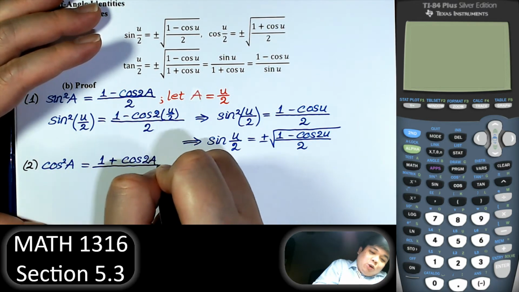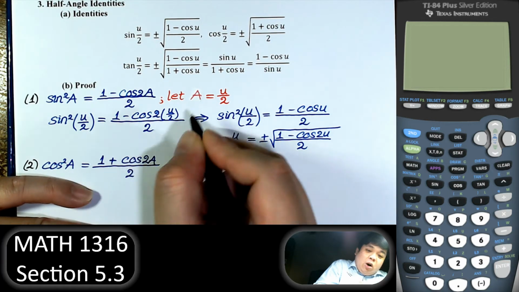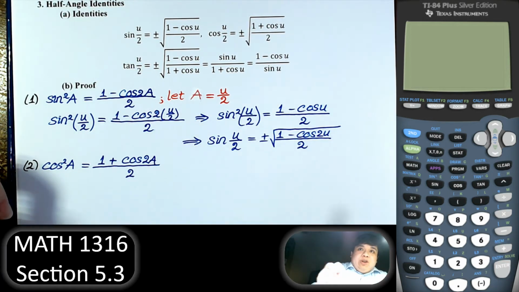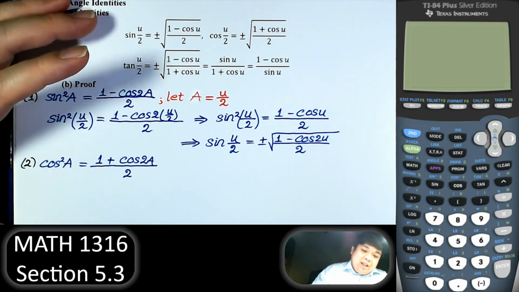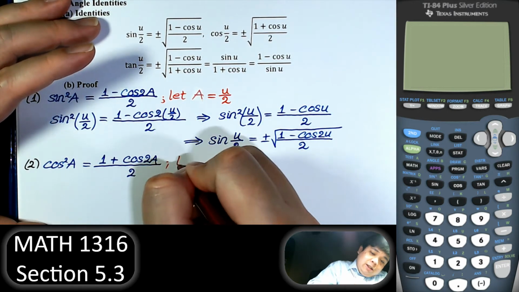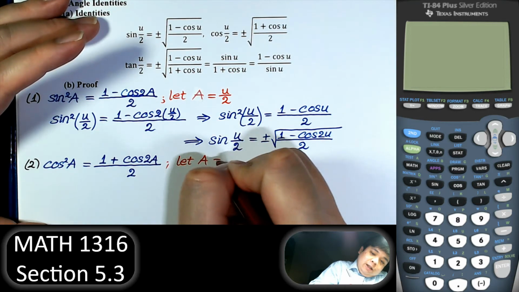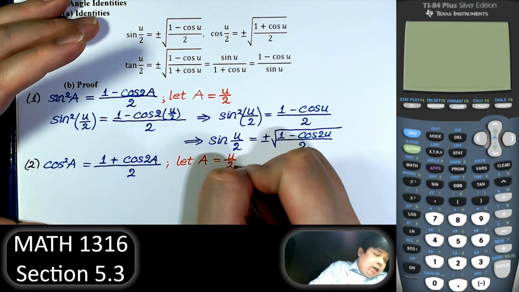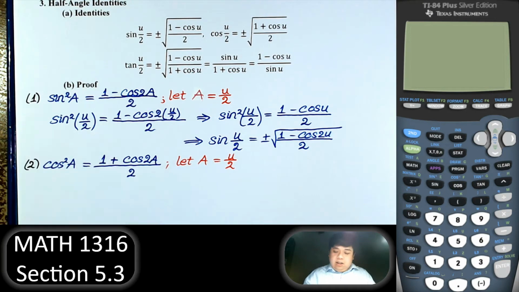The reason I don't want to write u is because later on we're going to use u over 2. So that's why I write a instead. Then same thing, let a be u over 2, because we substitute that in here.